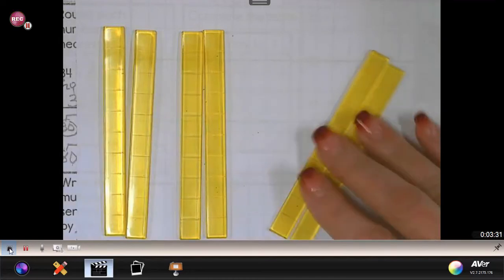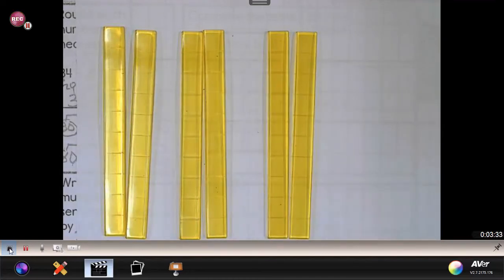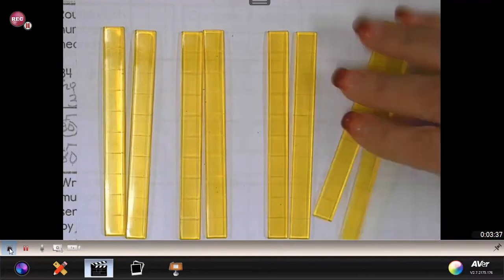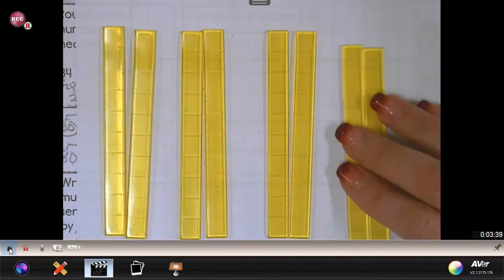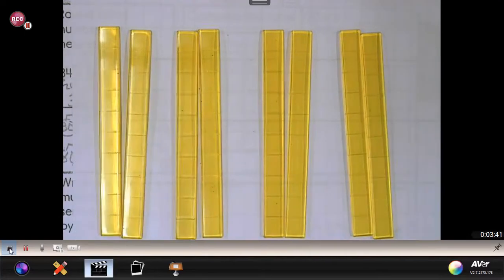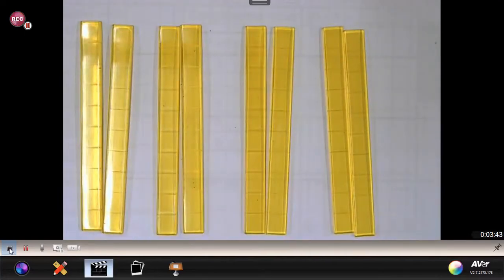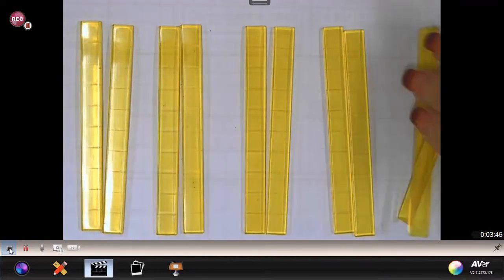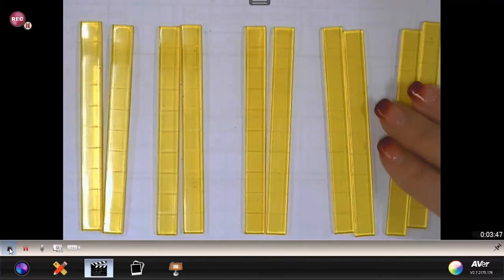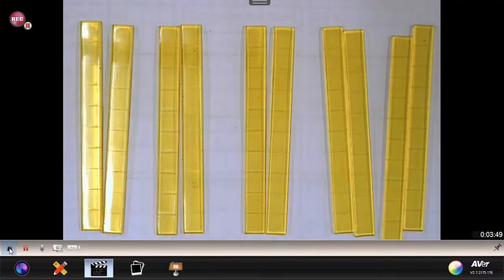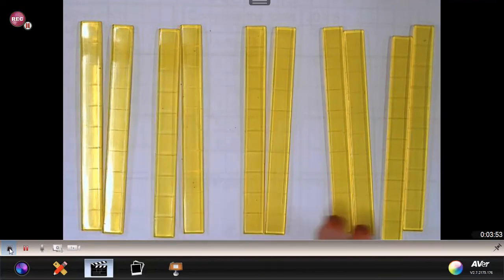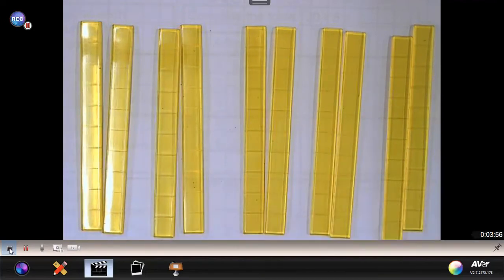Another group. So I have 3 groups of 20. 3 groups of 20 would be 60. 4 groups of 20 would be 80. And now I have one more group of 20. Now I'm at 5 groups of 20, and 5 groups of 20 would be 20, 40, 60, 80, 100.